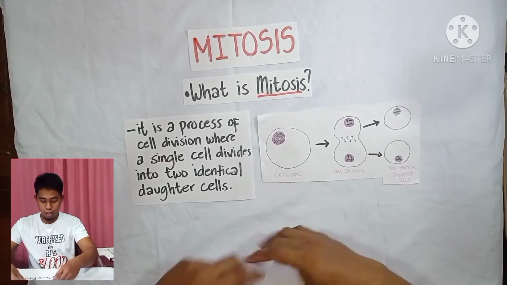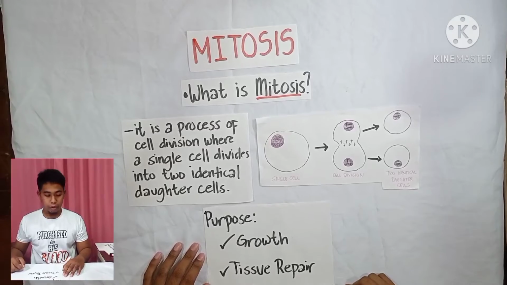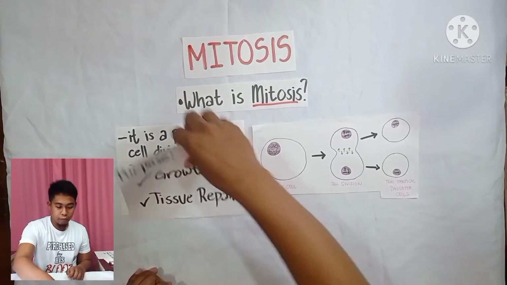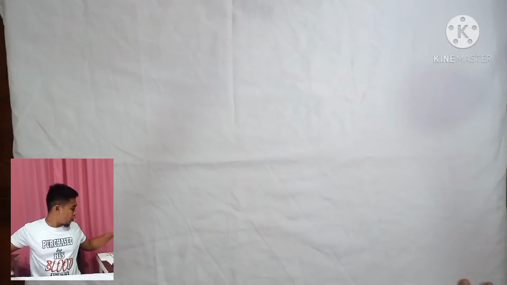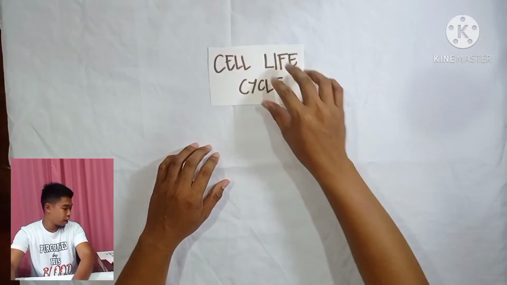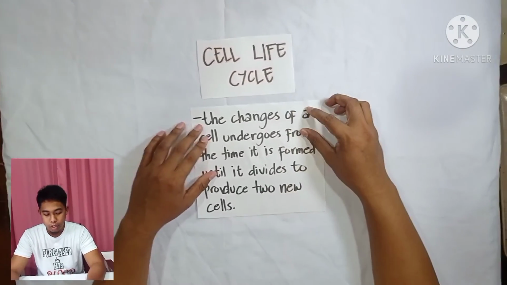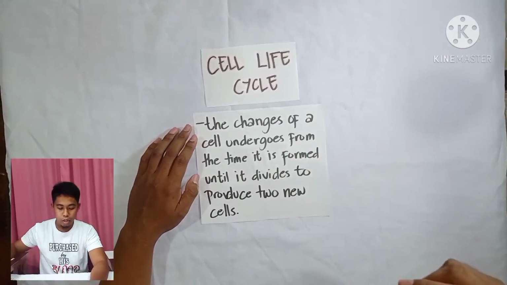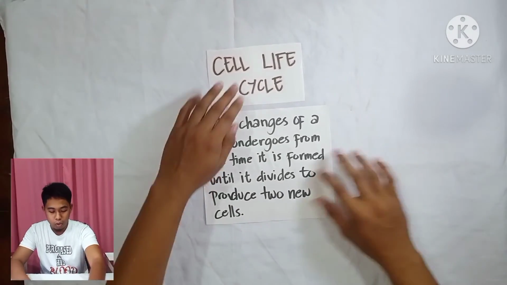Its purpose is for growth or tissue repair. To fully understand mitosis, we need to understand first the cell life cycle. The cell life cycle is the changes a cell undergoes from the time it is formed until it divides to produce two new cells.